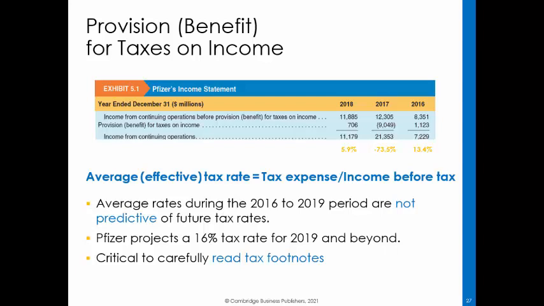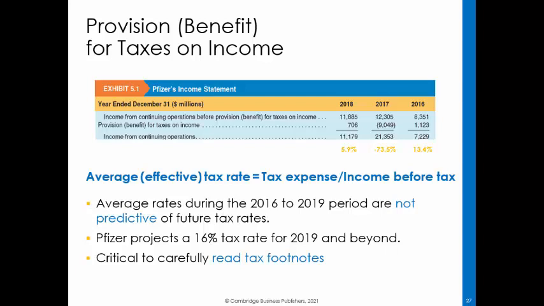Pfizer's effective tax rate in 2018 dipped to 5.9%. Neither the income tax benefit in 2017 nor the relatively low tax expense of 2018 accurately predicts the income tax expense that Pfizer will report in future years. Pfizer's guidance for 2018 to analysts projects a 16% rate.